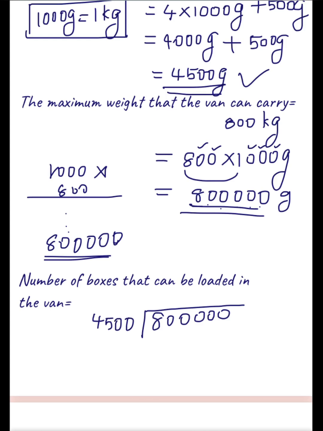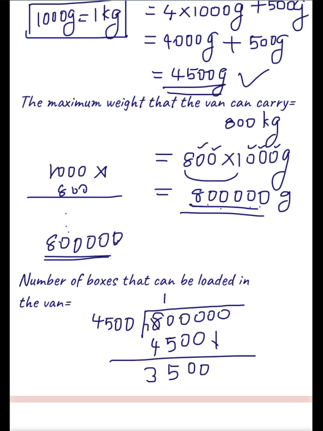You have to divide first. Let's see, 8000 by 4500, then you will get 1. So this 4500 will be here. Now 0, 0, 5, and 8 minus 4 is 3.